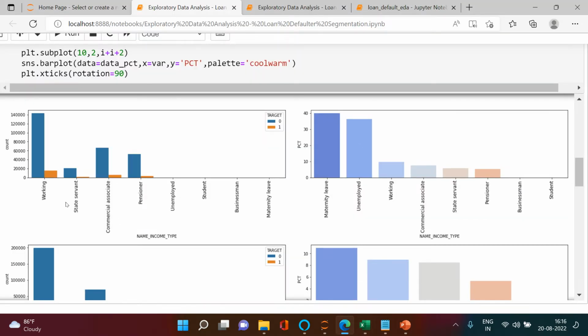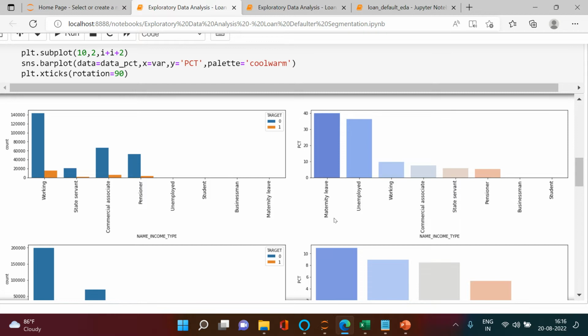If you see, most of the loans have been given to the working professionals, right? And working professionals have a default rate of approximately 10% or even less than that. Somewhere 9% we can say.